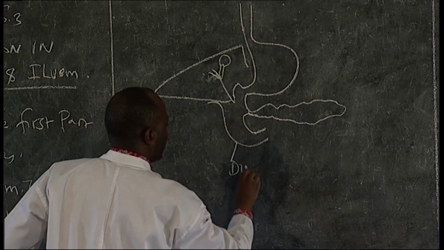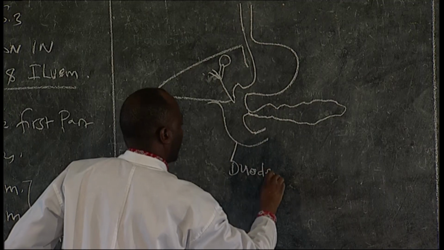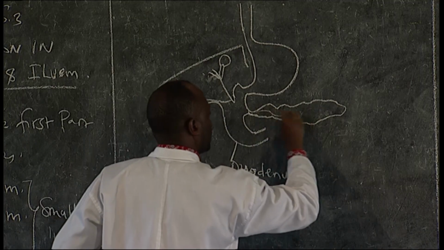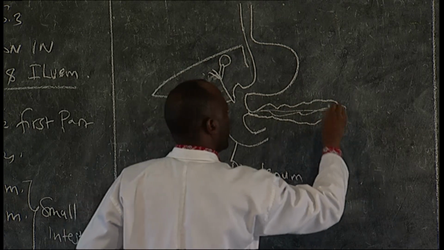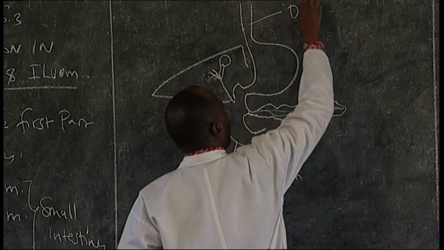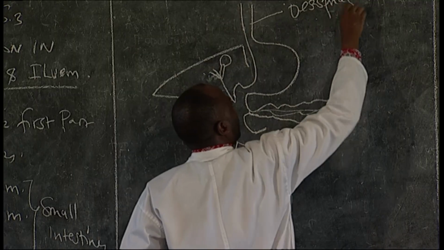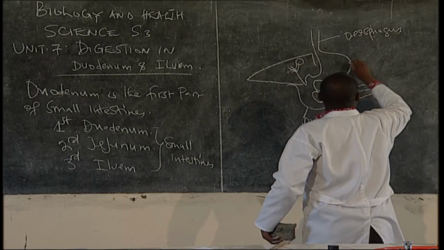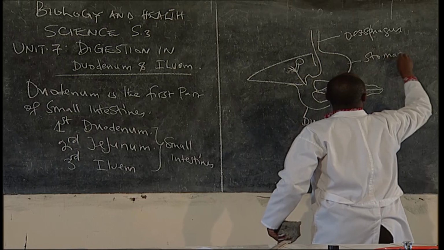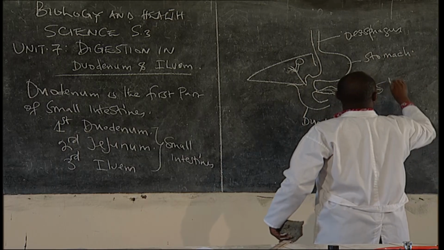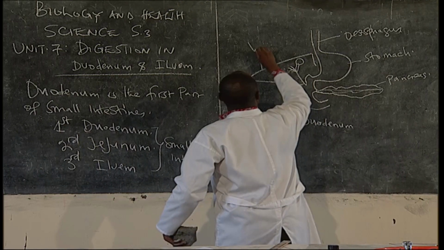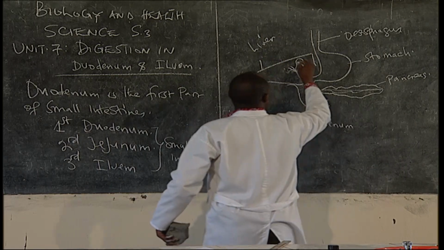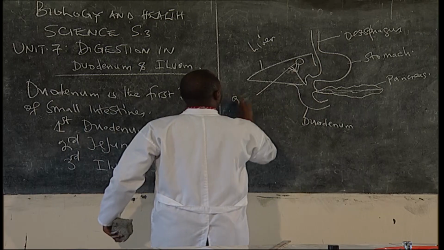This one is the esophagus. Now this is the stomach wall. This is the pancreas. This is the liver. And this one is the gallbladder.